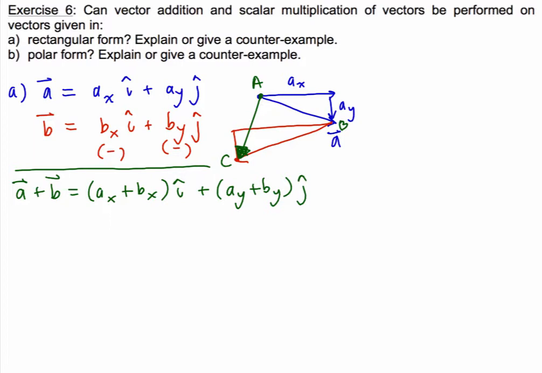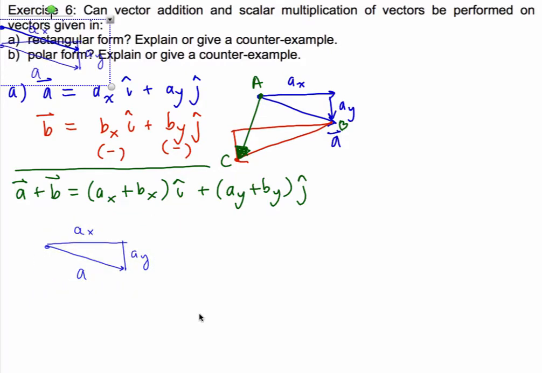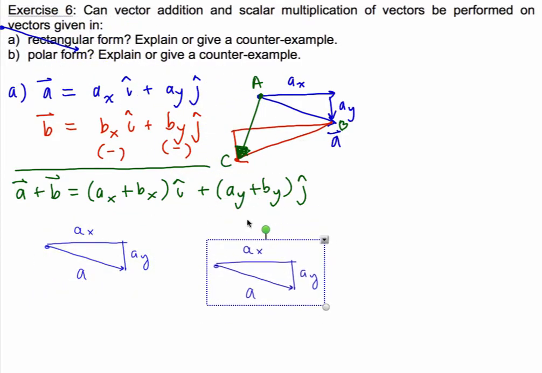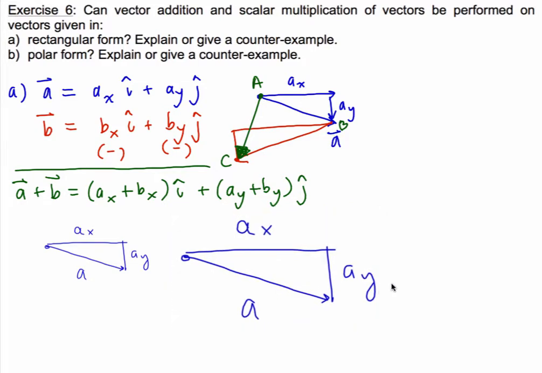Now, if we want to take vector A and scale it, what we're really doing is making a right triangle. Actually, let me make the right triangle first. And the right triangle has components or lengths of ax and ay, and the magnitude is a. If we scale this vector, we're not just scaling the magnitude, but we're scaling the horizontal and the vertical components by the same scale factor.